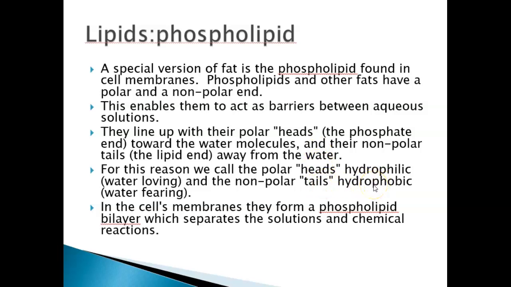They fear water, so they point away from water. That causes the phospholipids to arrange themselves in a bilayer with the tails pointing toward each other. This sets up and creates the membrane. So when we go to the next video and we see these membranes, that's what it's pointing toward, these phospholipid membranes.